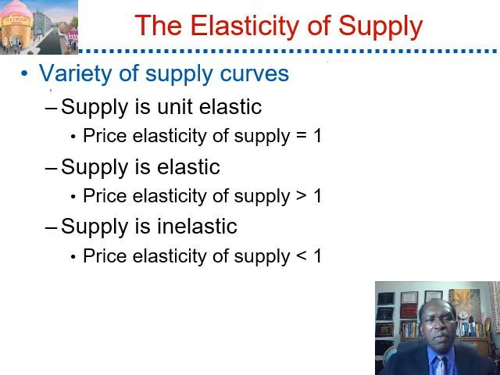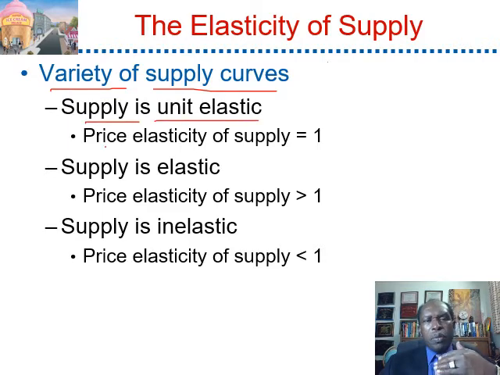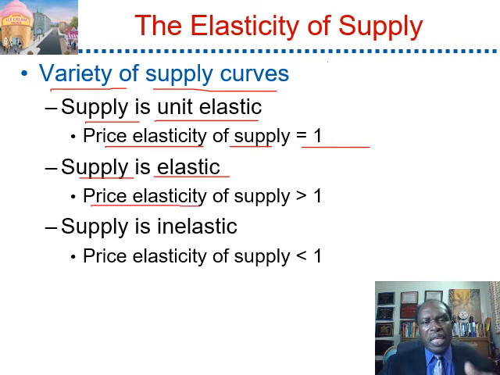So when dealing with the variety of supply curves, the supply is unit elastic when the price elasticity of supply is equal to 1. This means that the percentage change of the quantity supplied is exactly equal to the percentage change of the price. The supply is elastic when the price elasticity of supply is greater than 1.